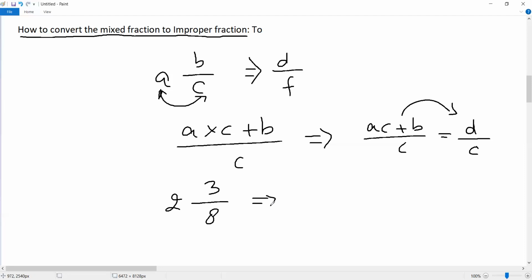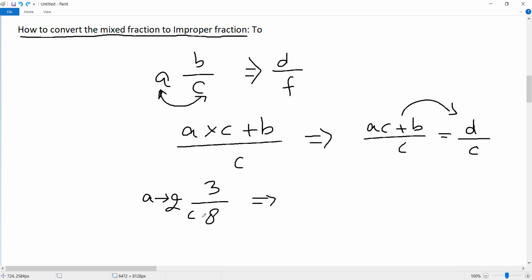Now remember, we want to convert that. Ali, I am teaching it in detail, don't worry. Look, what is the method? Multiply these two. 2 is acting as A and 8 is acting as C. Suppose 8 is C and 2 is A.